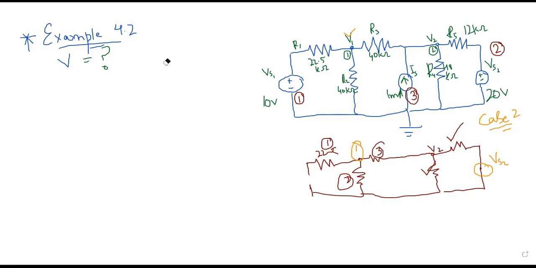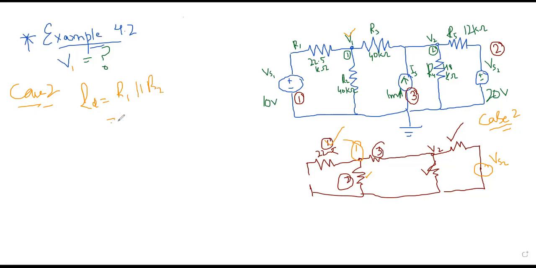Now for this case, that is my case number 2, what we have to do is this R1, that is 22.5, this is the R1. R1 is parallel to R2, yes. So I will take it as RD. RD means that R1 is parallel to R2.